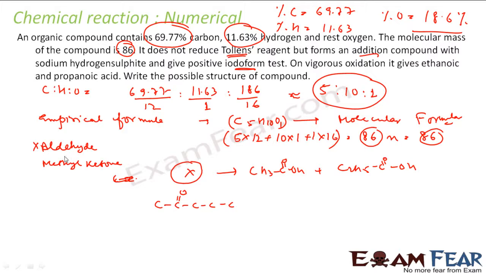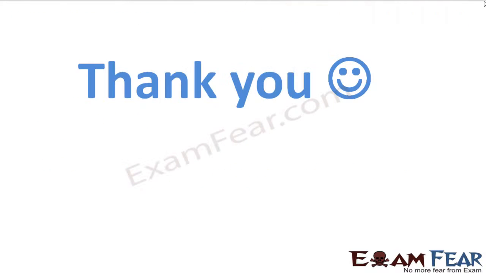Because it is a methyl ketone, that is sure, there has to be one methyl here. So it looks like this is the one. If you do a vigorous oxidation, you will get CH3COOH and C2H5COOH, yes. And then it will go for the iodoform test also. So this is the possible structure of the compound. So it is pentan-2-one. Thank you.